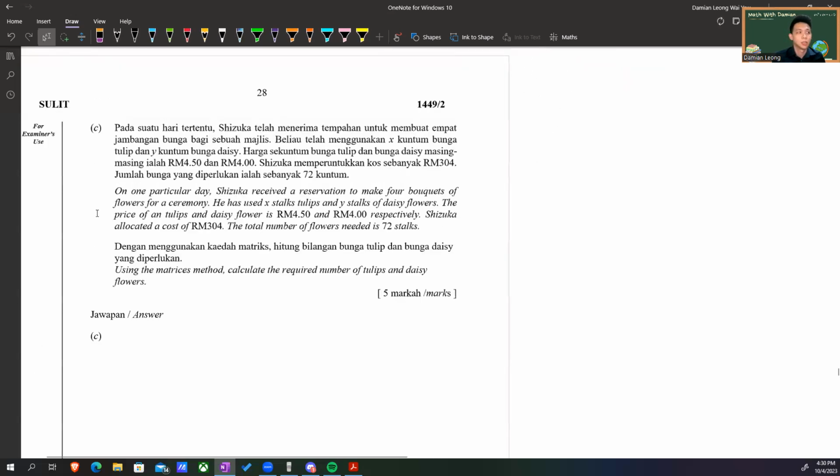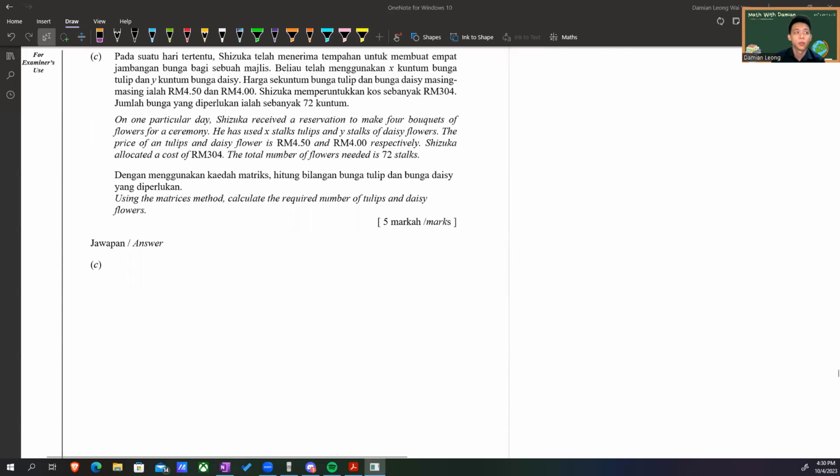And part C, on one particular day, Shizuka received reservation to make 4 bouquets of flower for a ceremony. He used X stalks of tulips, Y stalks of daisy flowers. The price of tulip and daisy flowers, 4.50 and 4 ringgit respectively. Cost is 304. Total number of flowers, 72 stalks. So I want to use matrix method to solve.